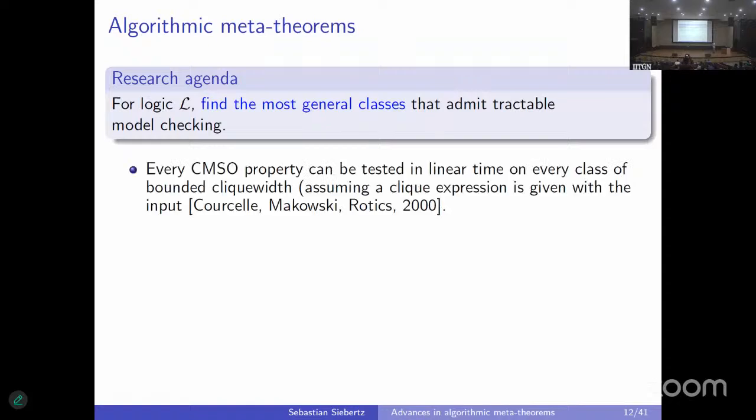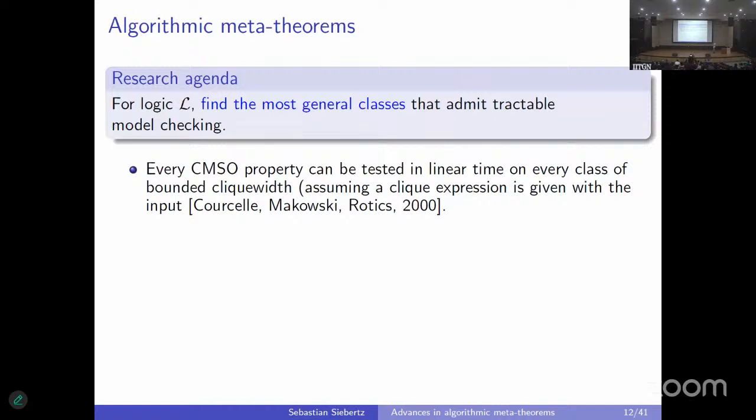So let's go beyond bounded tree-width graphs. We can even have counting MSO, which is an extension of MSO. On this concept we find clique-width. Clique-width can be seen as a dense analog of tree-width.